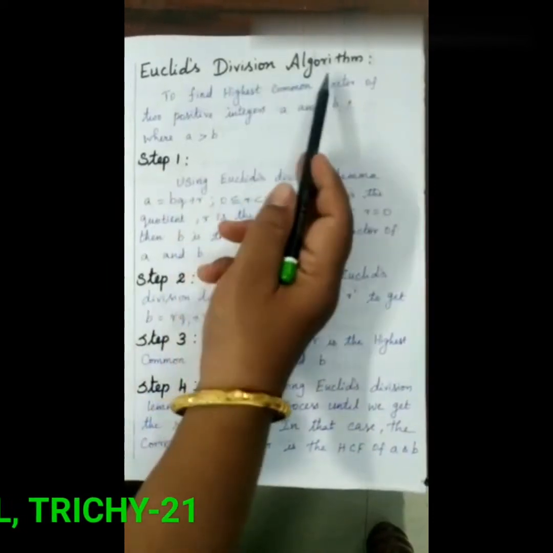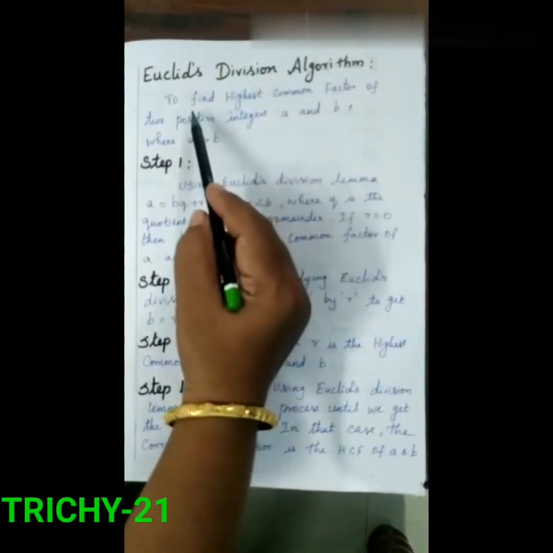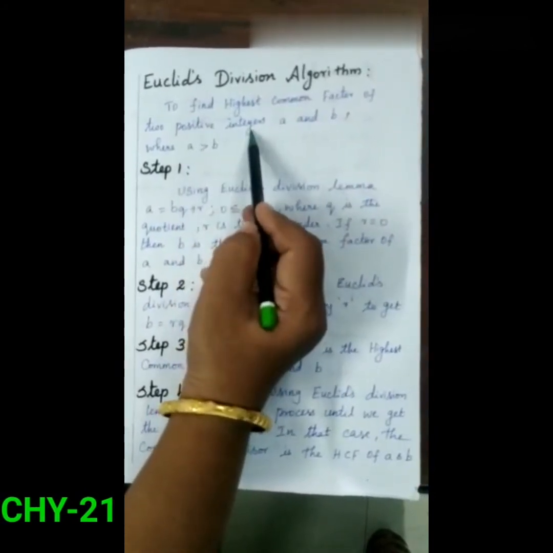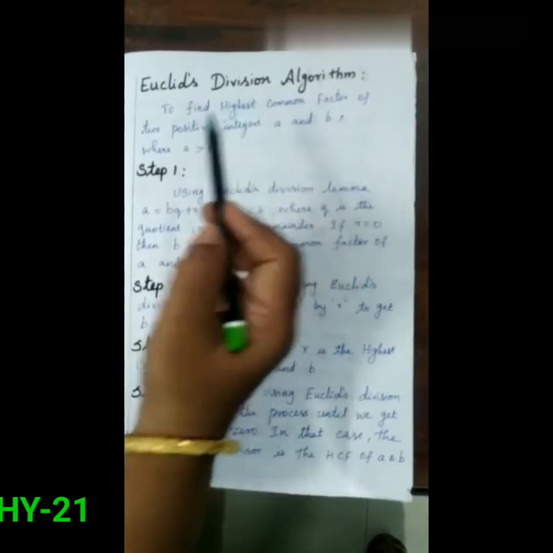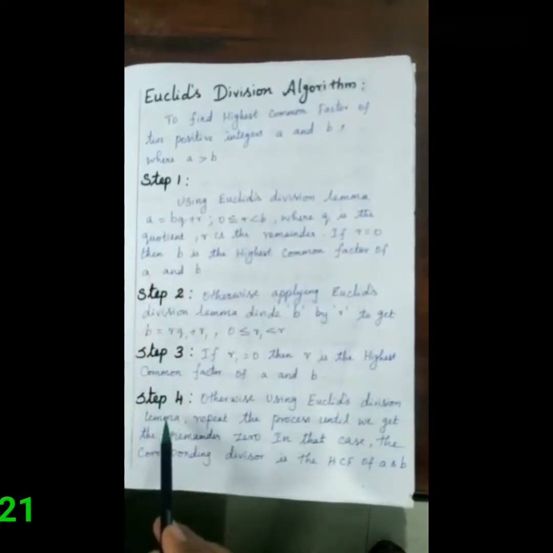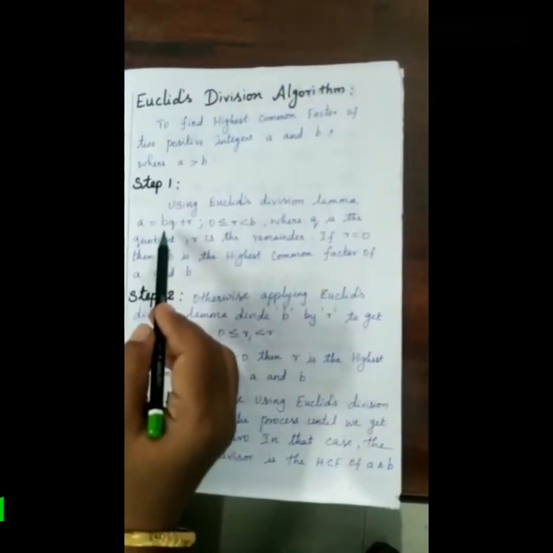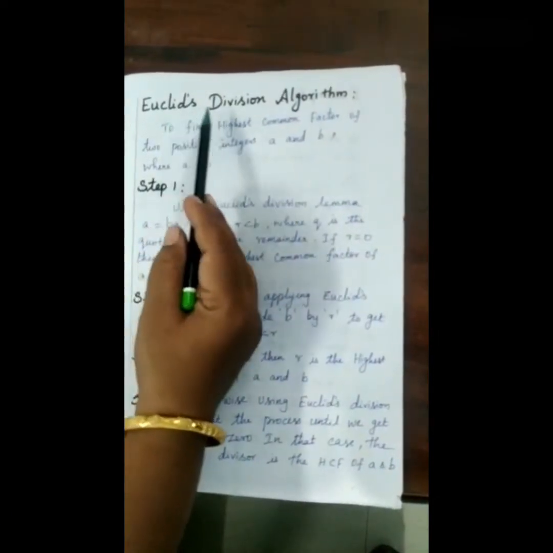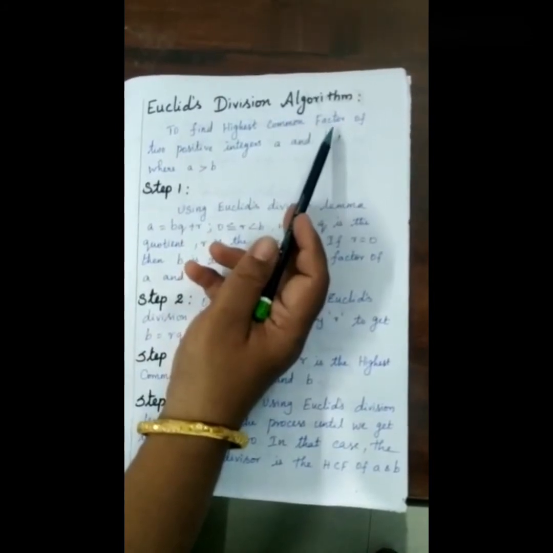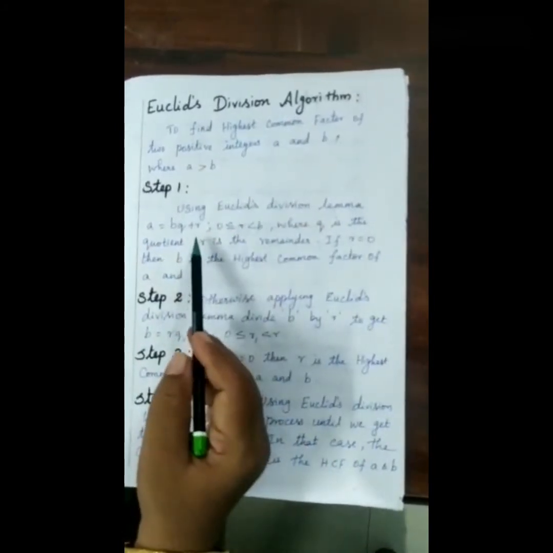Euclid's division algorithm. To find the highest common factor of two positive integers a and b, where a is greater than b, the following 4 steps are to be used to find the highest common factor, that is HCF.